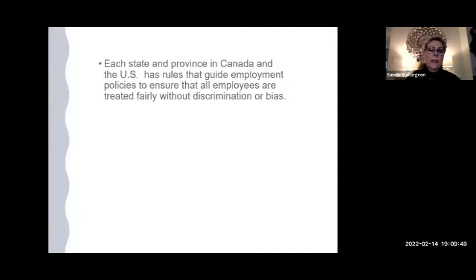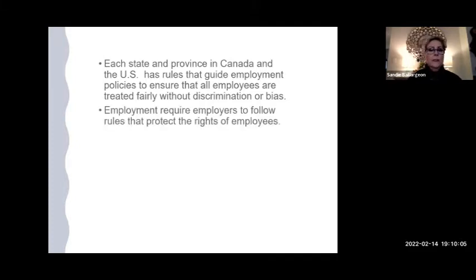What I'm also going to be talking about is that each state and province in Canada and the US has rules that guide employment policies to ensure that employees are treated fairly without discrimination or bias, and that employers are following the rules.